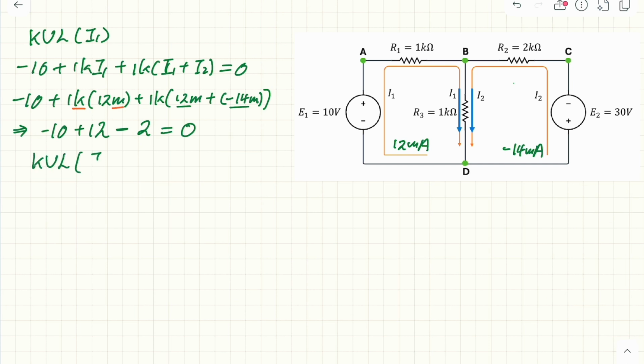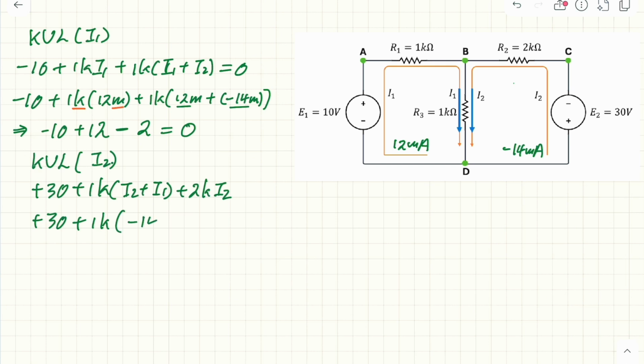KVL for I2, so the equation says plus 30 plus 1K (I2 plus I1) plus 2K I2. Now let's substitute both I1 and I2. Plus 30 plus 1K, and I2 is minus 14M plus I1 positive 12 milliamp, plus 2K times minus 14M.